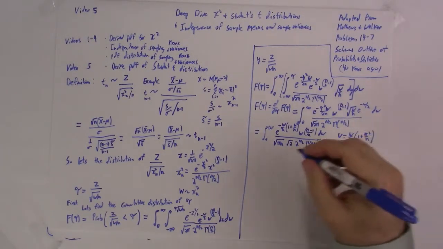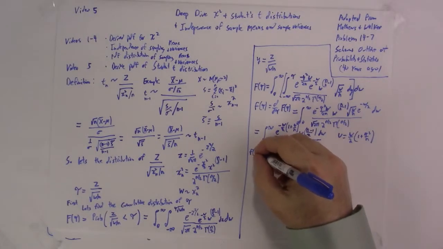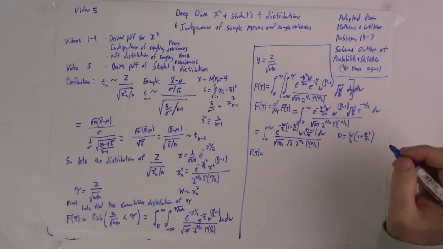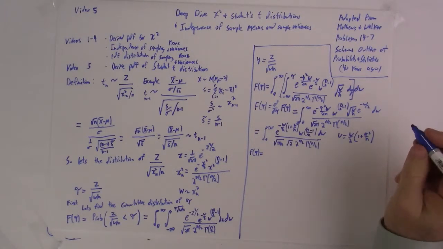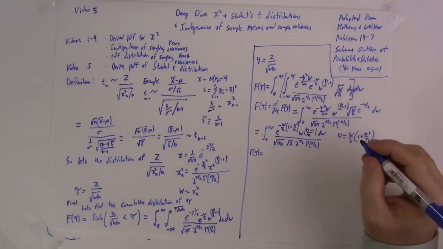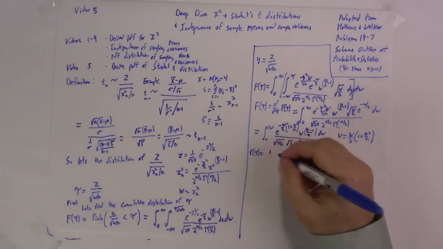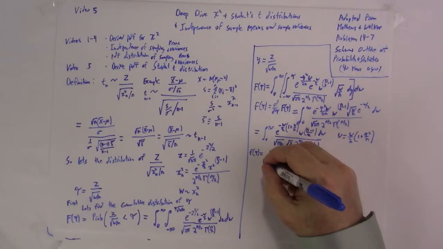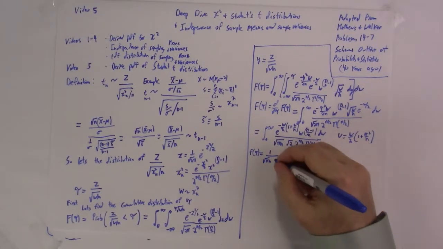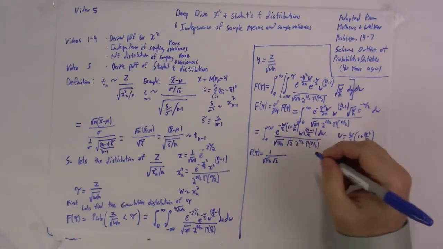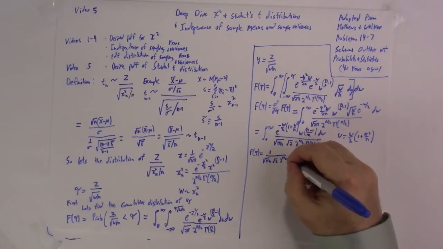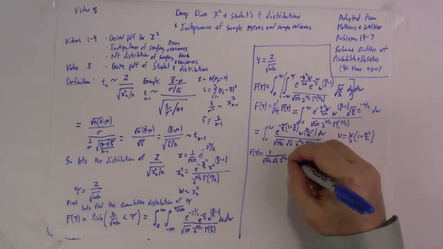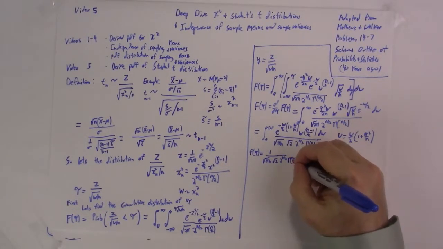And so now we get f of tau is equal to, I'm going to take out some of the constants. 1 over square root of pi n square root of 2, 2 to the n over 2 gamma of n over 2.